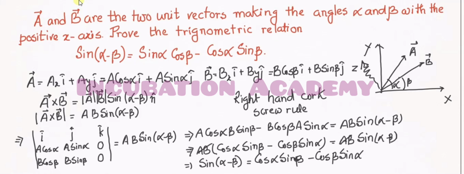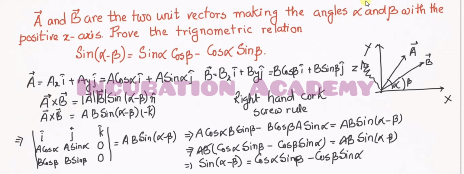So for this purpose, if I directly take this vector part here, we can say n cap becomes minus k cap. What is the reason? I think we understood.